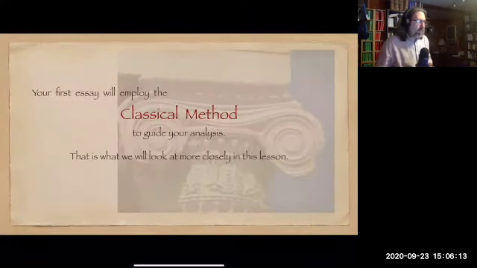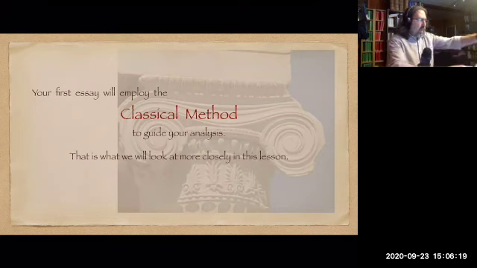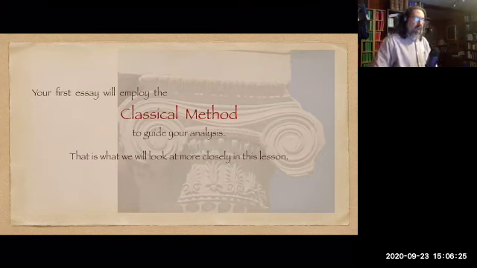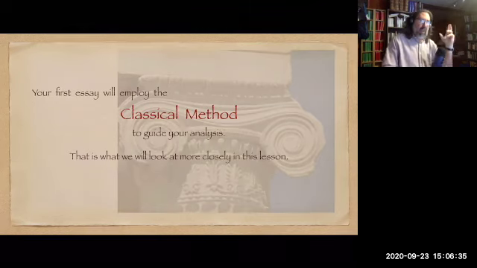There we are. All right, so basically, as you know, you're going to be doing the classical model. That's the method that you're going to be following. Now, you know that in the classical models, there are actually several different methods. The one we're looking at right now, your textbook just lists as ancient rhetoric, and that's fine enough. Traditional rhetoric, ancient rhetoric, however you want to think of that.